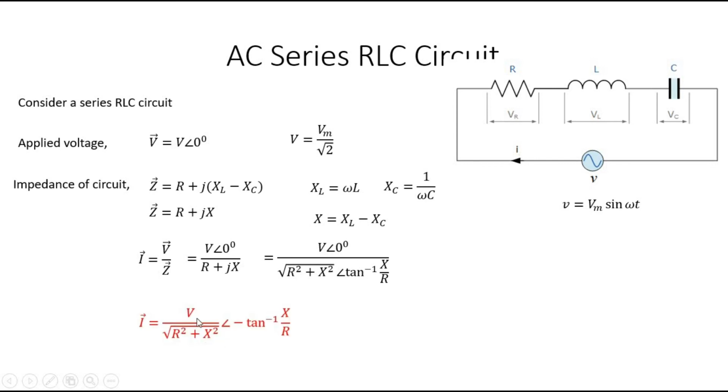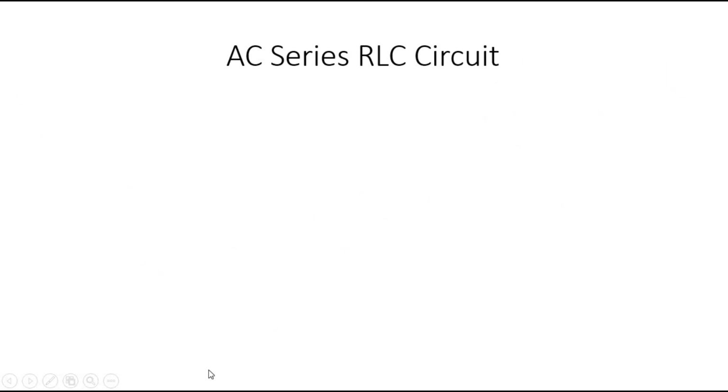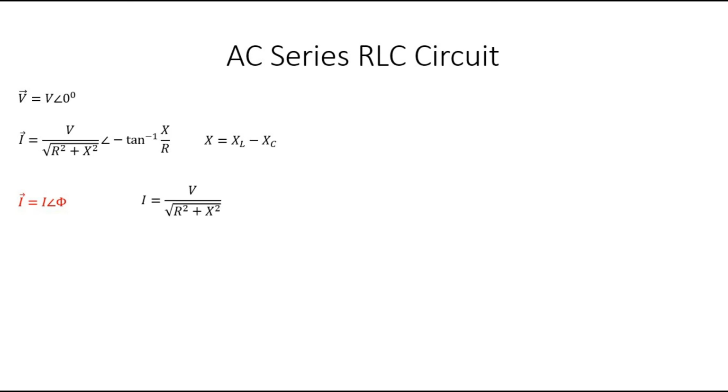It becomes V by root of R square plus X square, angle 0 minus tan inverse X by R, so it becomes minus tan inverse X by R. So V is V angle 0 and I is V by root of R square plus X square angle minus tan inverse X by R, where X is XL minus XC. So the current I is I angle phi, where I is V by root of R square plus X square and phi is minus tan inverse X by R.